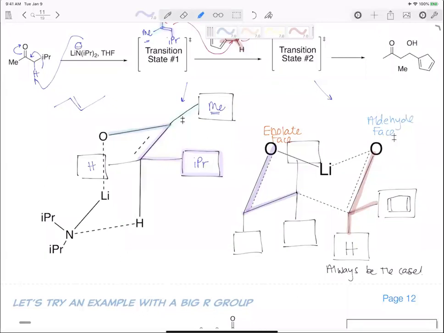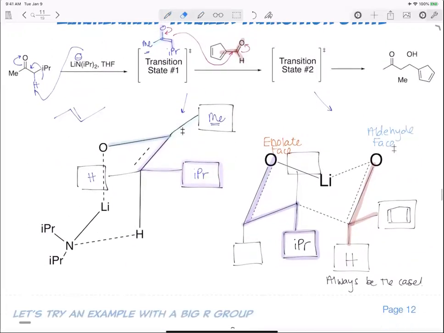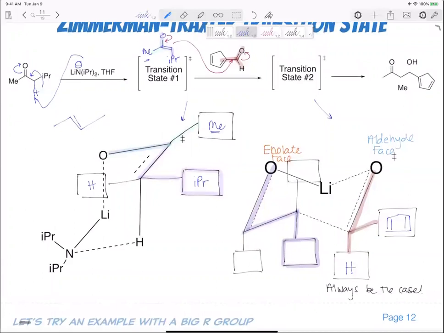All agree that we have to go down? Which means that isopropyl is going to be right here. I said E for small, Z for big. Okay, so this is a small, so we get an E alkene.